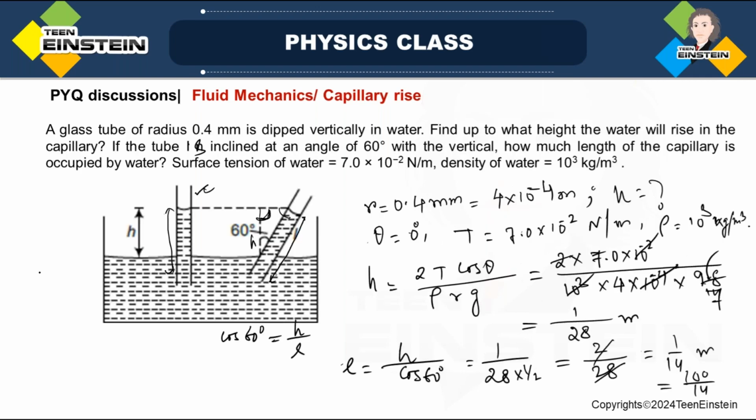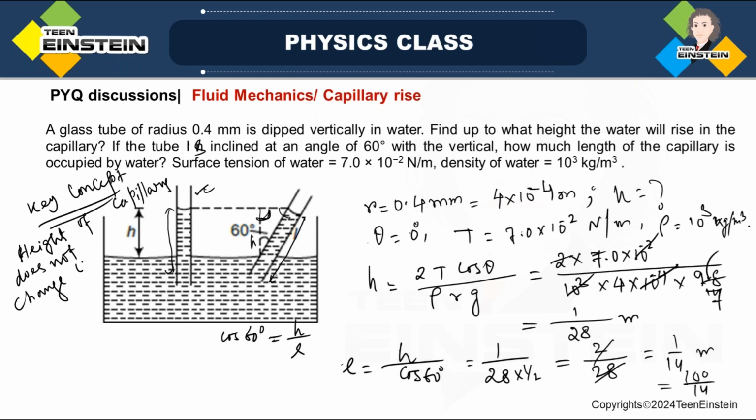So what is the key concept over here? Key concept: the height of capillary rise does not change even when the capillary is tilted or inclined with the vertical.